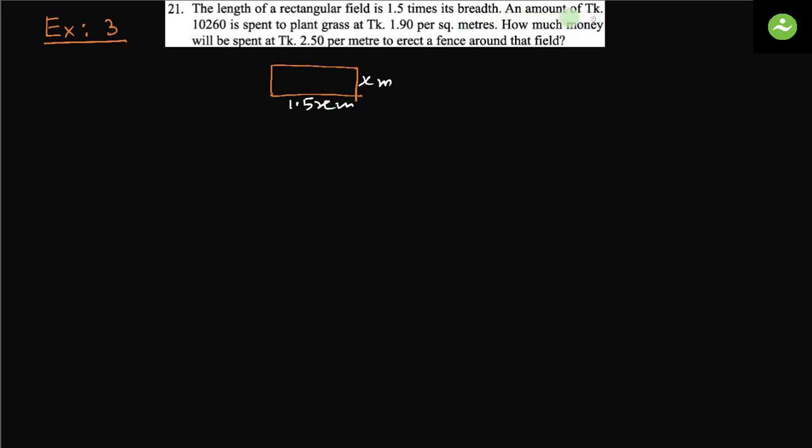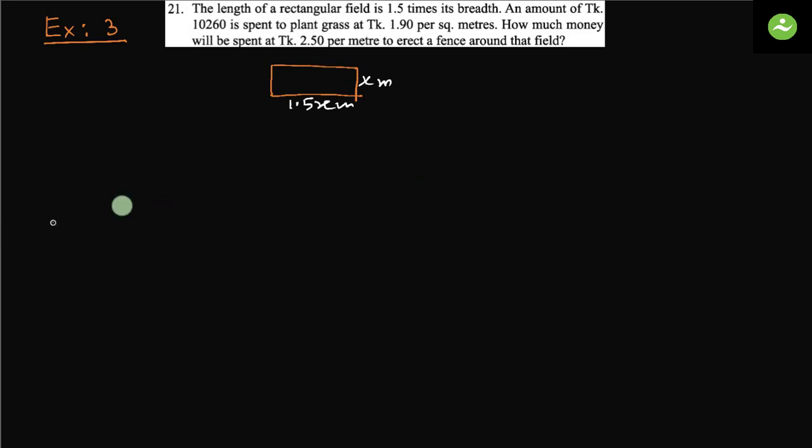An amount of taka 10,260 is spent to plant grass at taka 1.90 per square meter. How much money will be spent at taka 2.50 per meter to erect a fence around that field? They are going to erect fence around the field. So we need to know the perimeter.